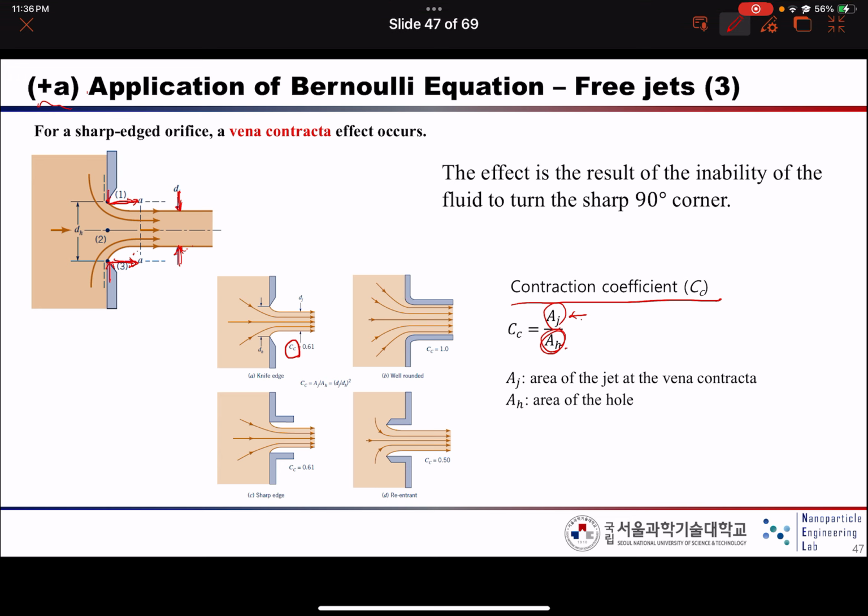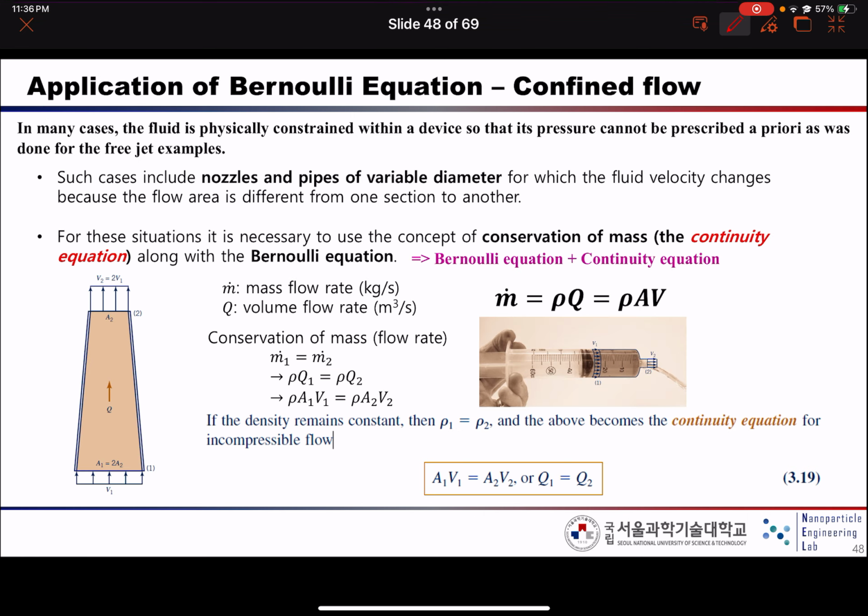So basically this hole represents AH, and this diameter represents AJ. Okay, so to obtain a more accurate result, you should also consider the contraction coefficient in real applications.